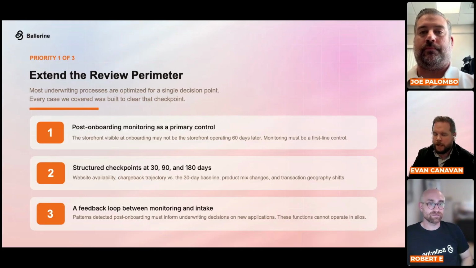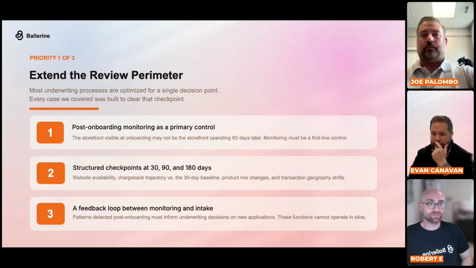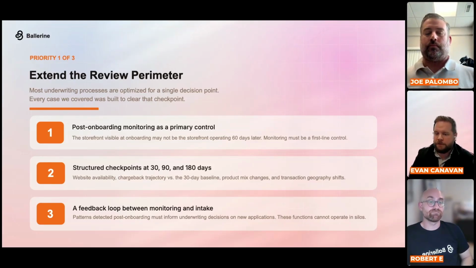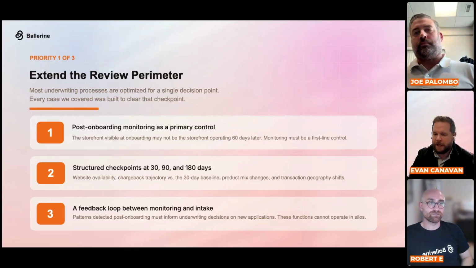Risk can, I think, ultimately be a very gray area, right? A system sees two merchants in the same industry that each run a sale for $5,000. But what are the external factors beyond the transactional data that make one of those sales safe and the other risky? And that's where I think the human lives.